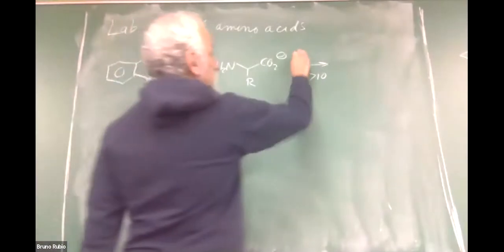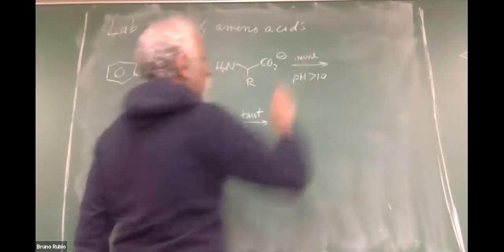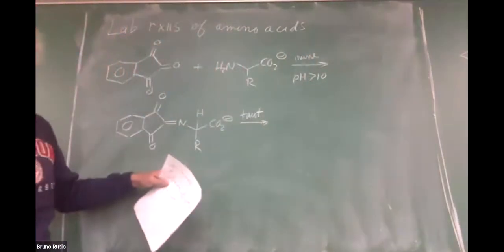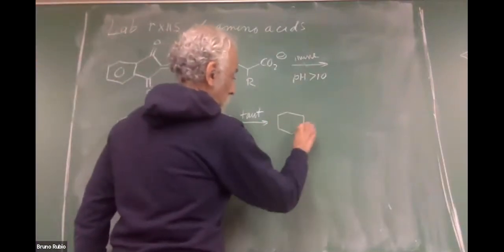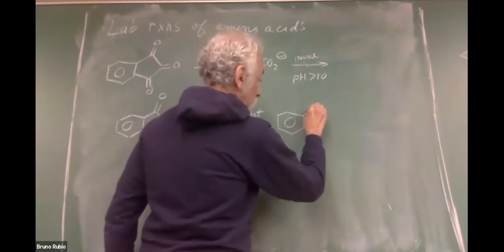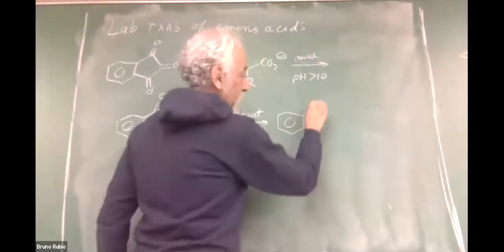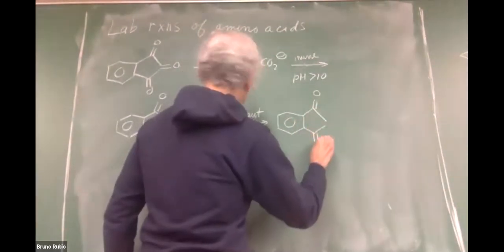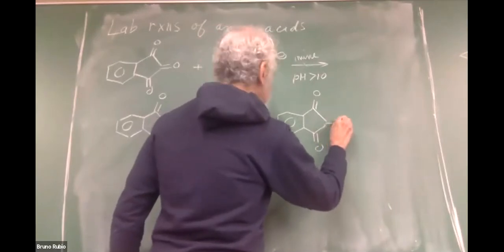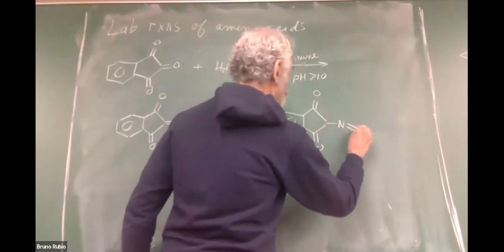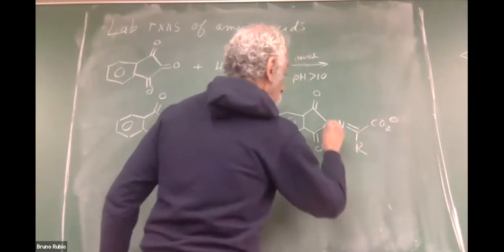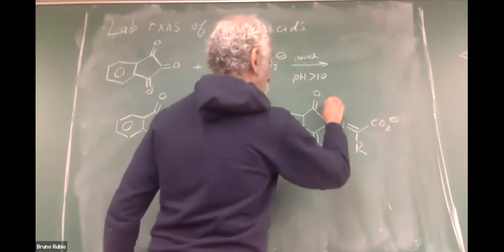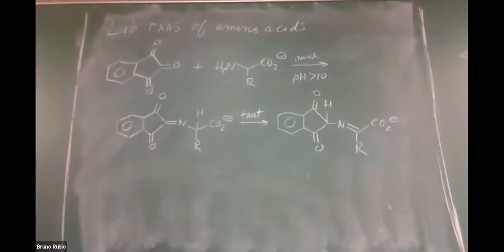Right, so this was imine formation. And now this thing can tautomerize, where the double bond and the single bond change places. Right, the double bond and the single bond have changed places.